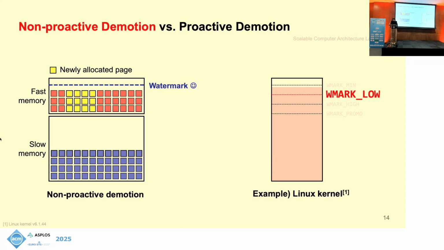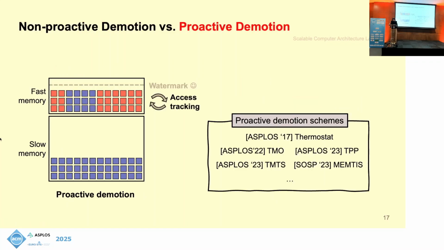When the free pages are less than the low watermark, the background kernel thread kswapd wakes up and starts to demote pages in the background. However, the default value of the low watermark is 0.1% of total pages, which means demotion is only triggered when free fast memory capacity is insufficient.